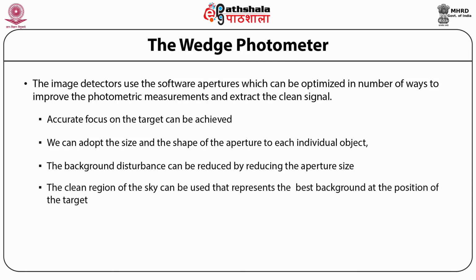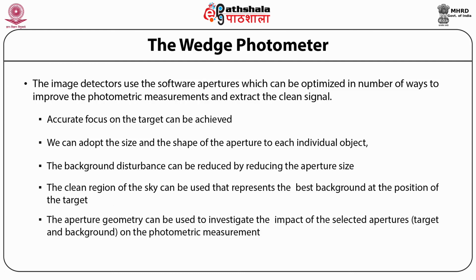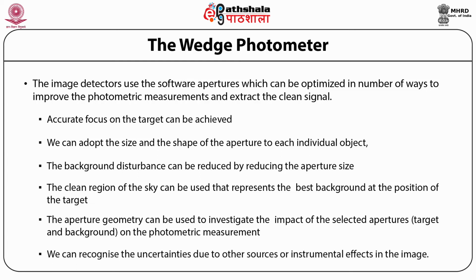The green region of the sky can be used that represents the best background at the position of the target. The aperture geometry can be used to investigate the impact of the selected apertures on the photometric measurement. We can recognize the uncertainties due to other sources or instrumental effects in the image.